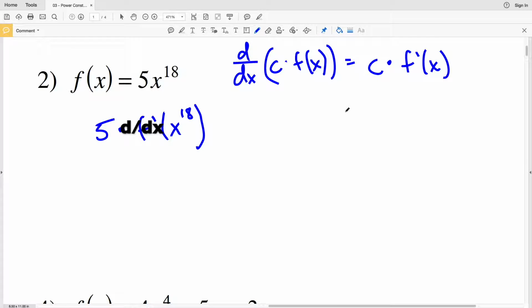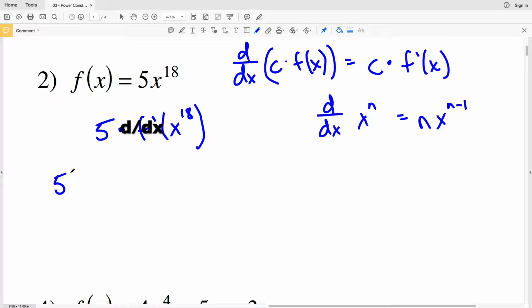Remember, the power rule is the derivative with respect to x of x to the n equals n times x to the n minus 1. So we're bringing down that value of that exponent, which in this case is 18, and we're decreasing that exponent value by 1.